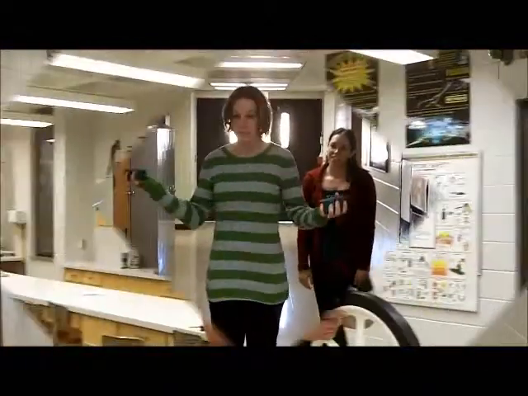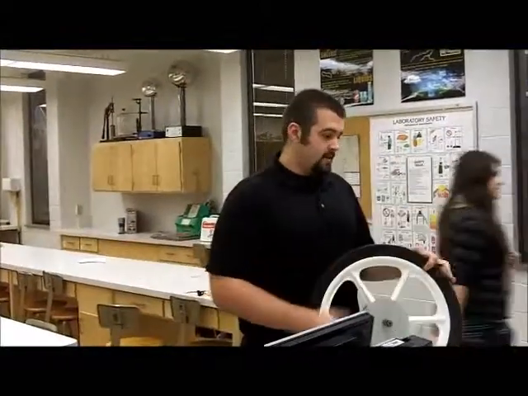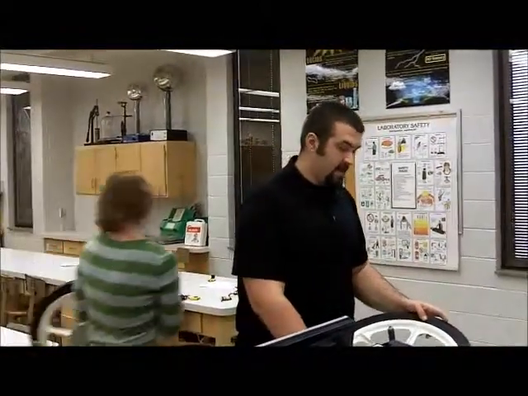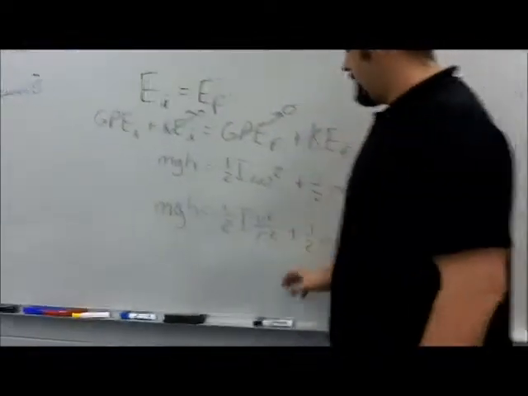Now, I said the goal was to calculate the moment of inertia using conservation of angular momentum. So, if you remember the ramp part, we used conservation of energy to get the moment of inertia of the wheel.